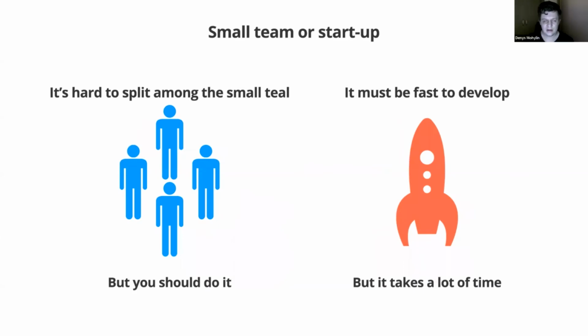The second one is when we are talking about starting a project from scratch. Sometimes we have two very common situations, and this situation can be in most cases. For example, when you have a small team, for example 3 or 4 developers, the problem here is you will not be able to split the work correctly.